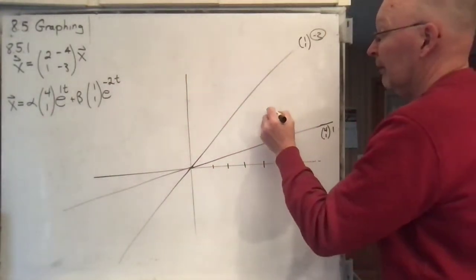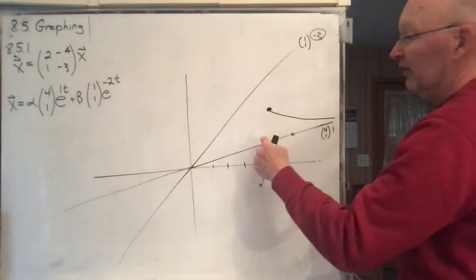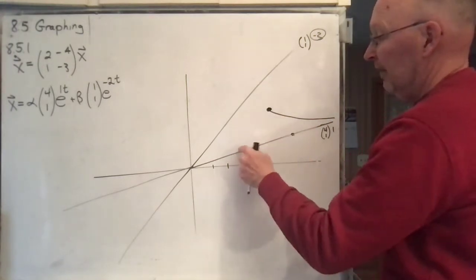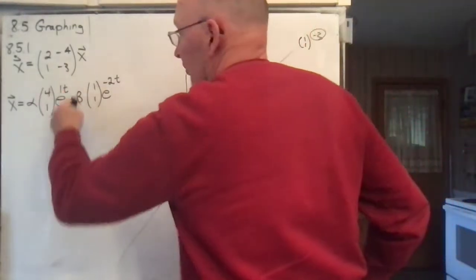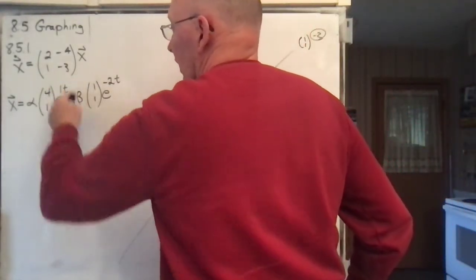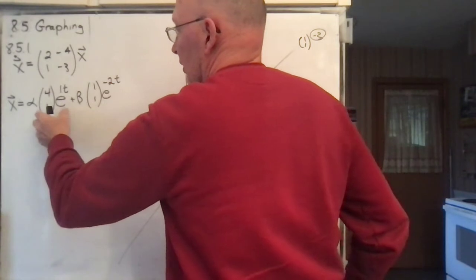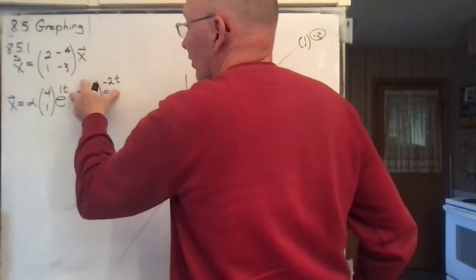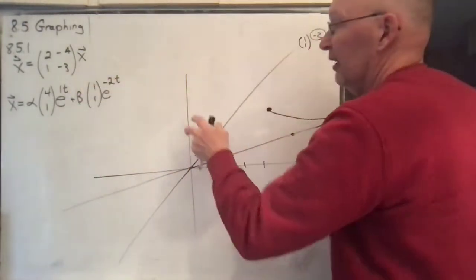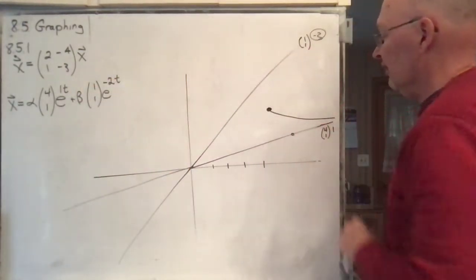So it's really going to become kind of an asymptote, because this is really going to be the entire thing. Think of what happens as t gets large. It's going to all be this stuff. This is going to be basically minimal, so it's going to be all this stuff.